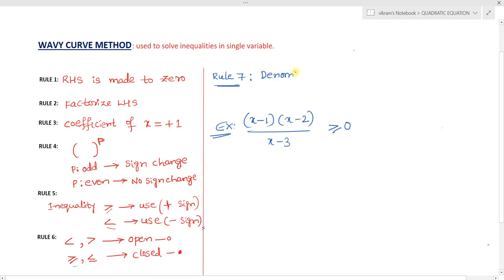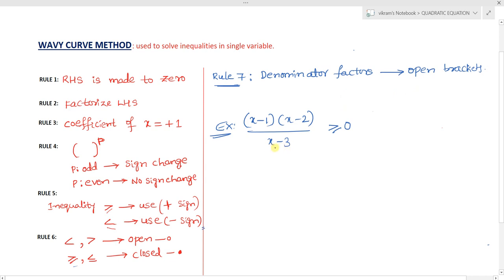The denominator factors are not in the solution. So the denominator factors are always represented with open brackets or open circles. Are you getting it? Open brackets.